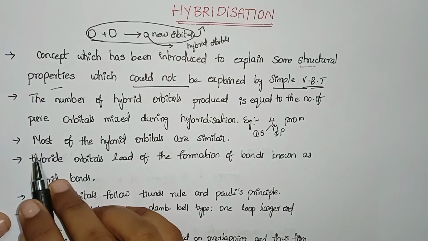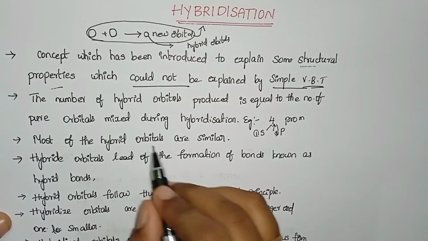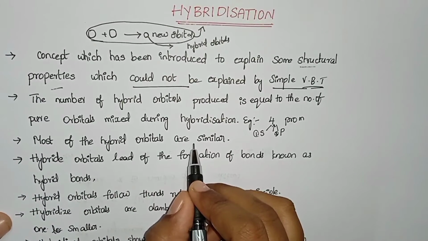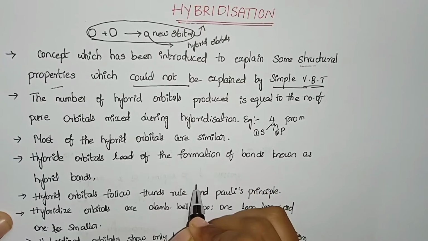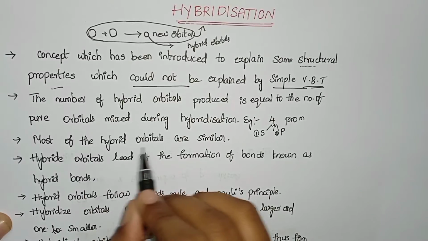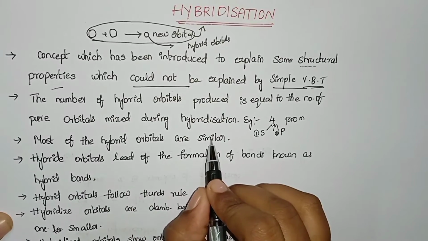Next point, most of the hybrid orbitals are similar, that is, they have identical shape and energy.